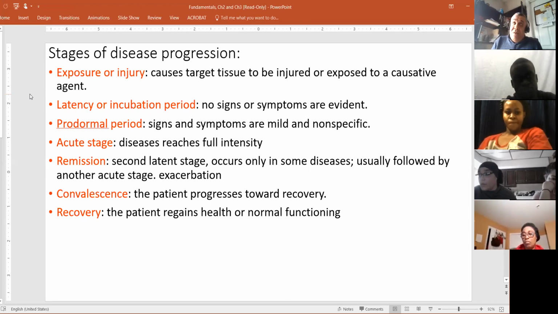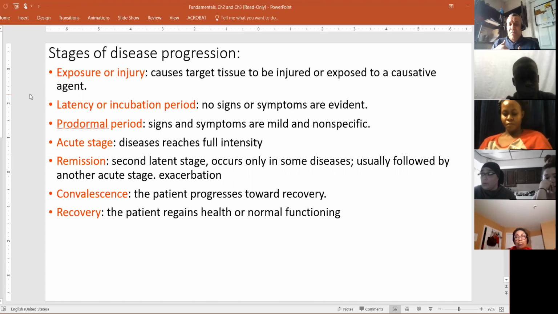Some of the chronic diseases, we'll go over some of these diseases, like in the neurologic system or in the cardiac or in the endocrine, the patients live at some point at their best of their health, and then at some point they are admitted to the hospital with exacerbation, like COPD, for example, chronic obstructive pulmonary disease, asthma, especially COPD more than asthma.